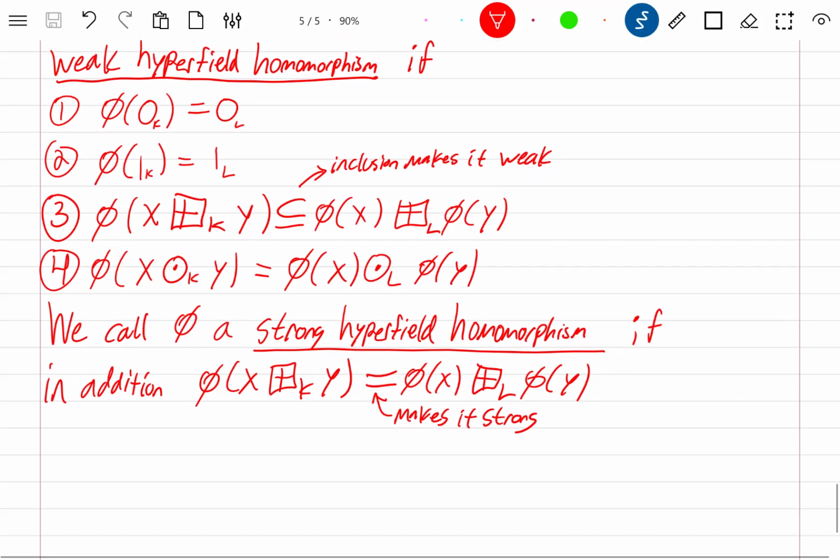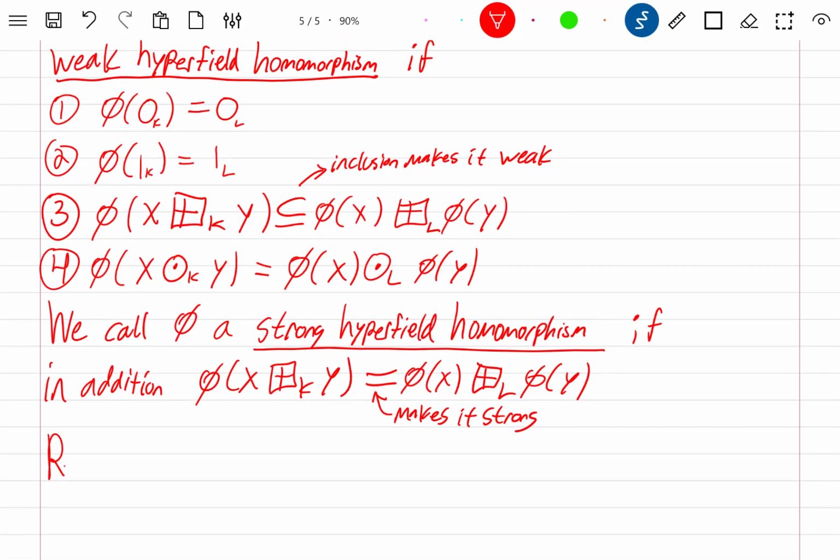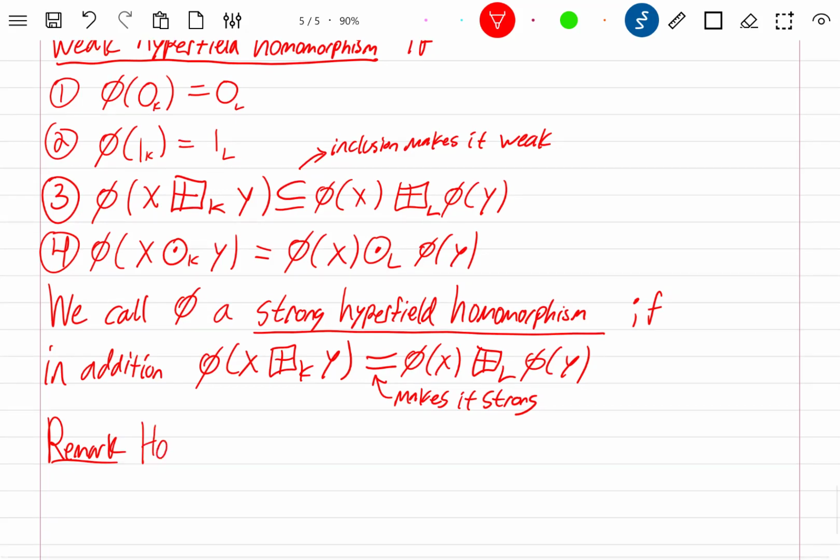So here's one remark that is interesting. If you recall from classical field theory, every homomorphism must be injective. You can show the kernel must always be trivial, so you really only care about extensions. That's not the case here. So homomorphisms need not be injective.